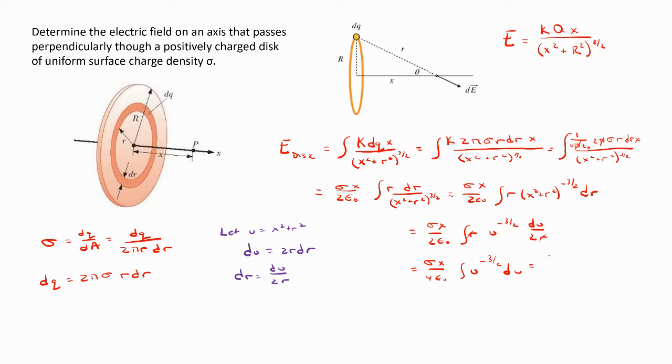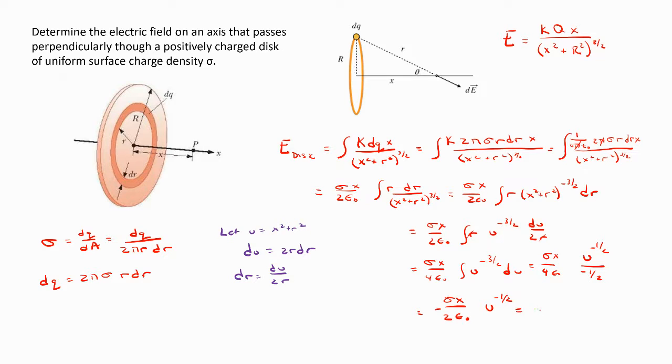And we know this integral we can do by the power rule: it is u to the negative 1/2 divided by negative 1/2. So I can make this sigma x u to the negative 1/2 over negative 2 epsilon naught.